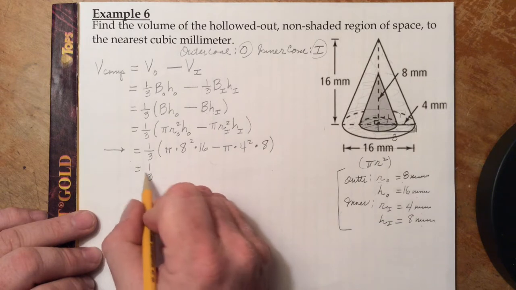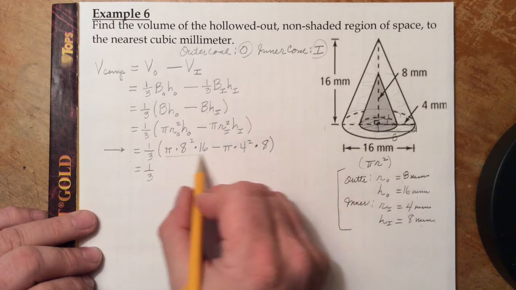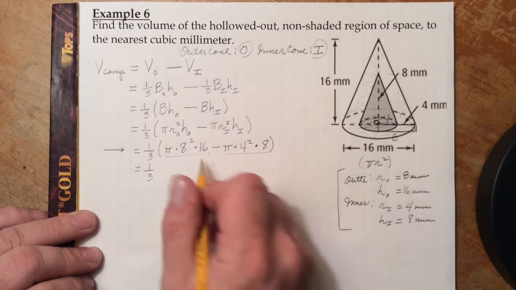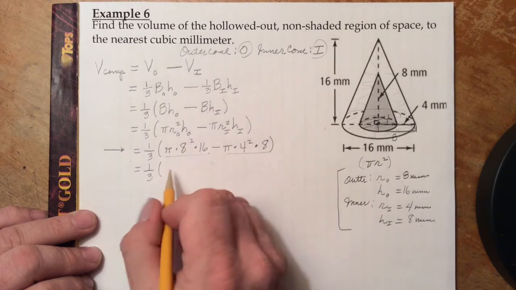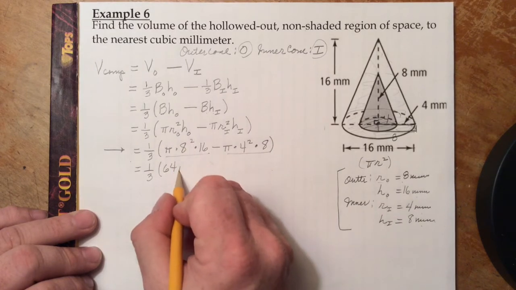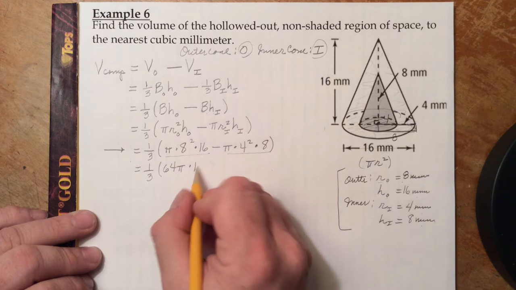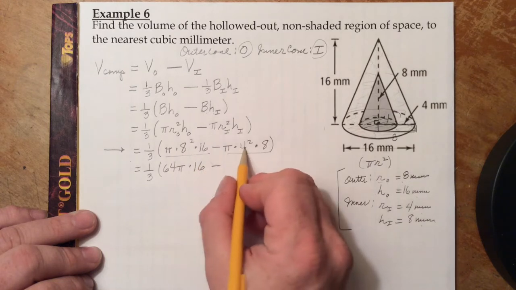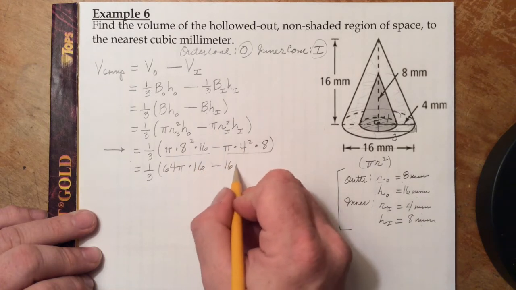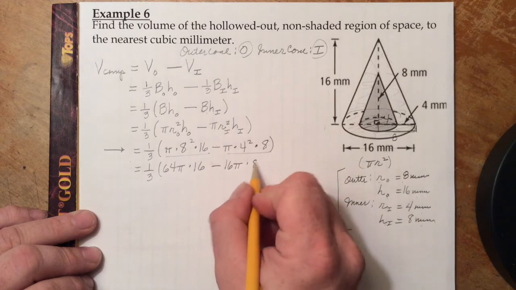Now we have 1/3 working outside the parentheses. There are 2 terms here separated by a subtraction sign. So 8 squared is 64 times pi times 16, minus 4 squared is 16 pi times 8.